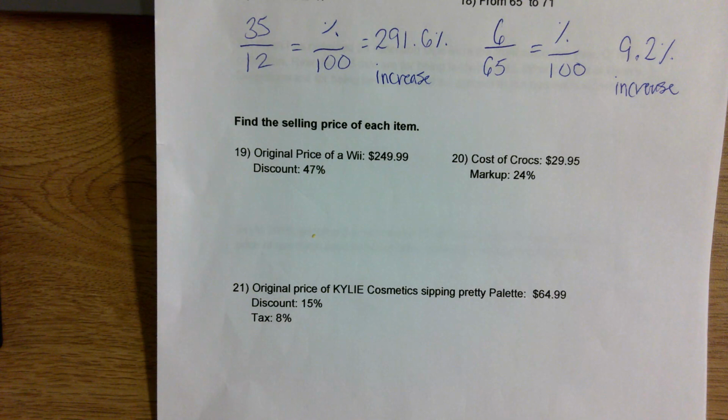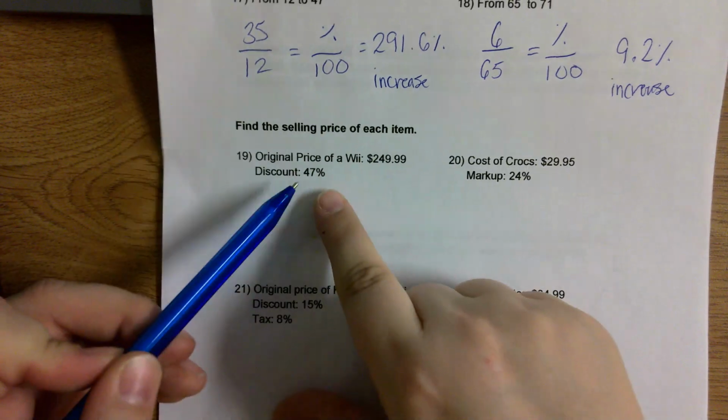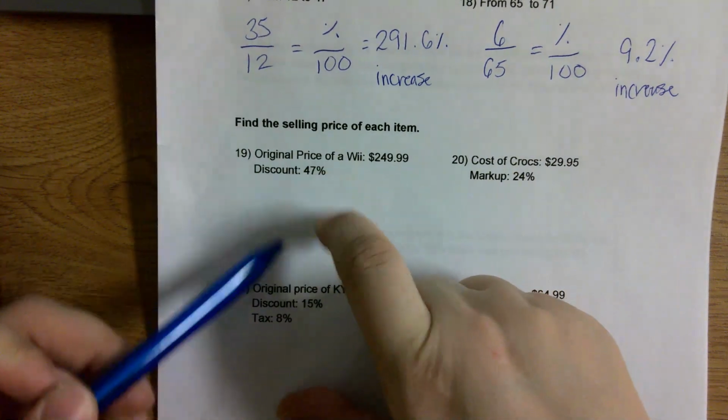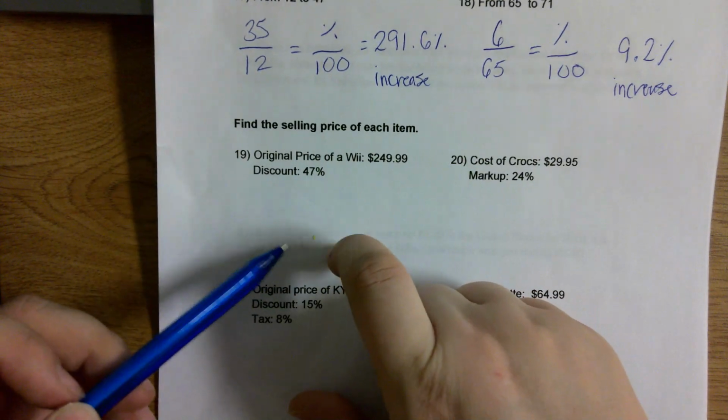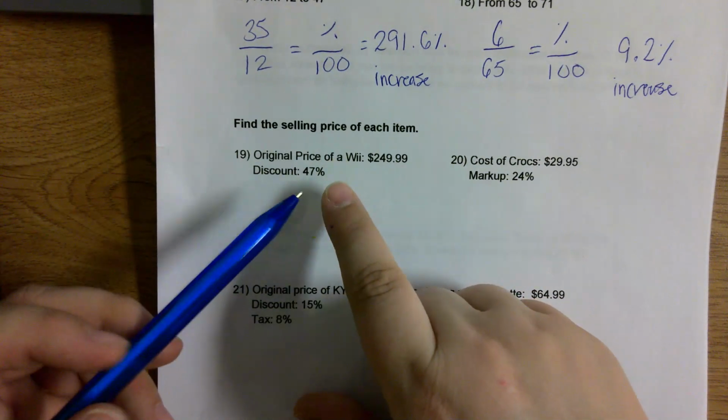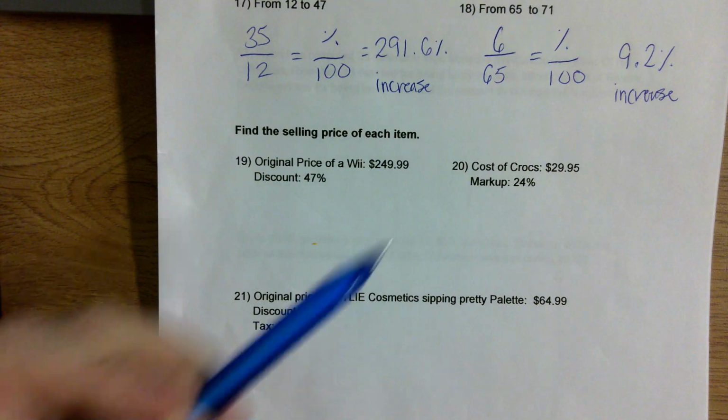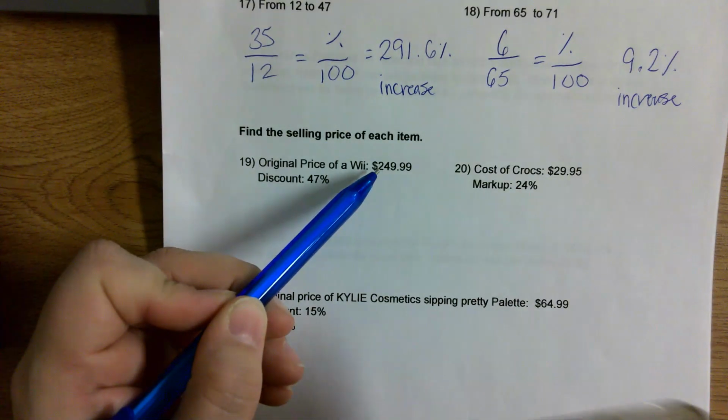Let's work through these. We've got the original price of a Wii for $249.99. I wish I had made that a little bit of an easier number. Should have been $250. Oh well. If you remember, I can either discount it by 47%, or I can think about what I'm going to pay at the end, what percent I pick, because 100% is that $249.99.